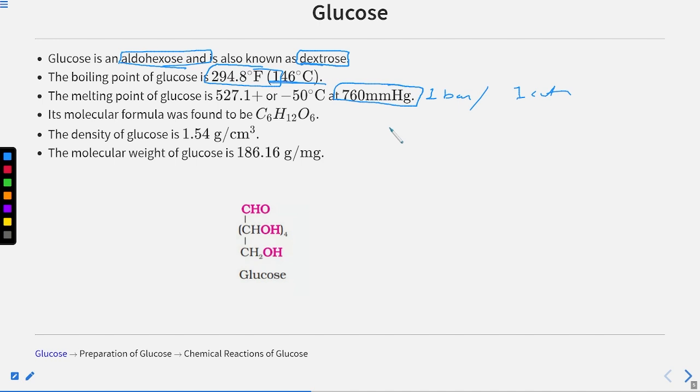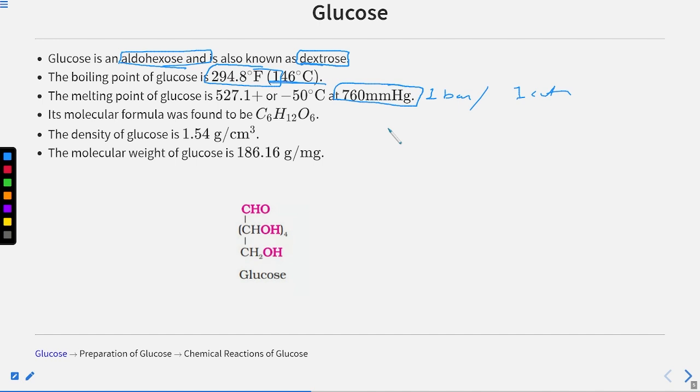Why? Because it is that pressure at which the vapor pressure of the solid is equal to the vapor pressure of the liquid. So if your vapor pressure around the atmosphere is more, then you would require more heat to increase its pressure to that point. Clear? So for that reason, you must mention the pressure.